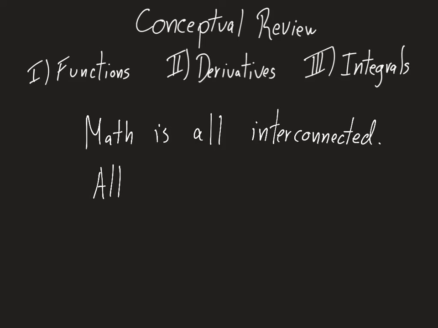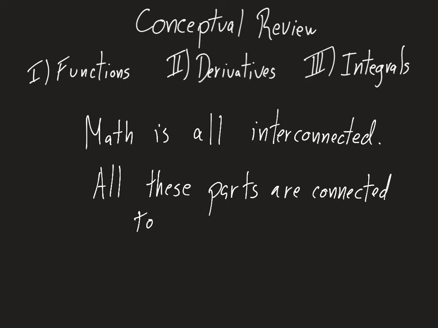But overall, I think the best way to understand mathematics, even mathematics at the level of our course, is to view that all of these parts are connected to each other. And this is what I'm going to hope to at least show you guys, even if it's only a little bit today.